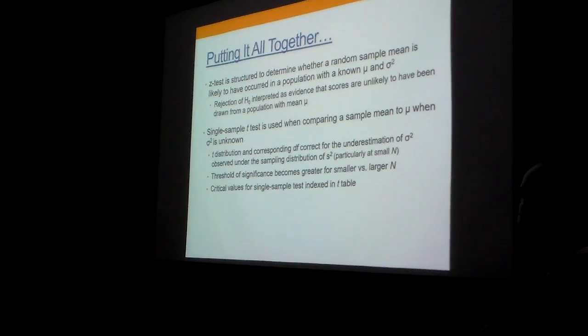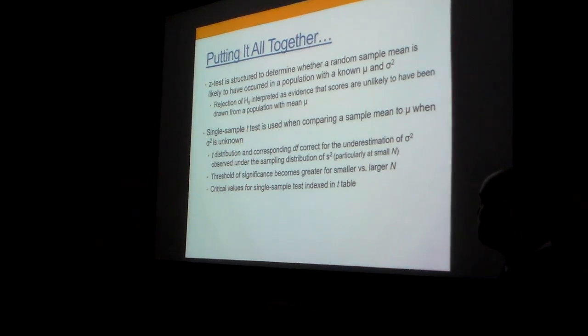Now, when we're using our single sample t-test, this is when we're comparing a sample mean to some population value when we don't know the population variance. Population variance is unknown, right? And so our t-distribution, corresponding to degrees of freedom, corrects for the underestimation of the population variance because of the skewed sampling distribution of variance, right?